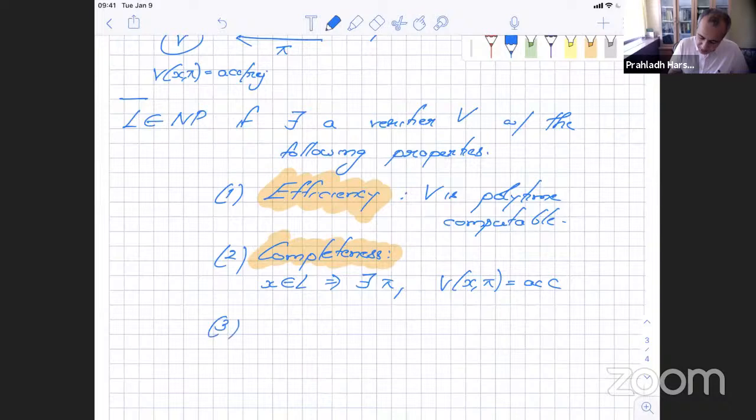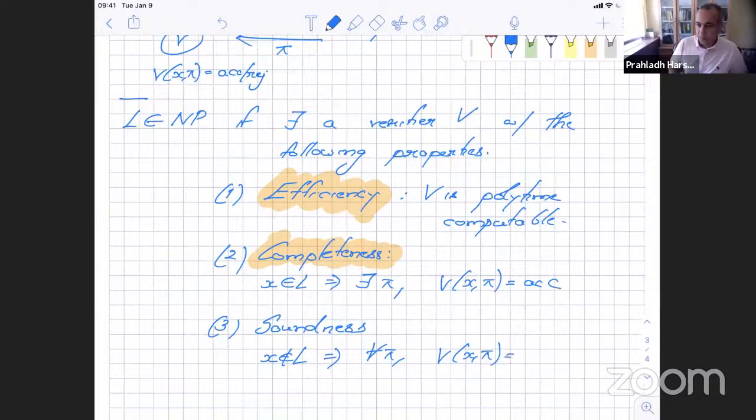And soundness is: for X not in the language, no matter which proof you give me, you cannot convince me to accept. This was how we defined NP.